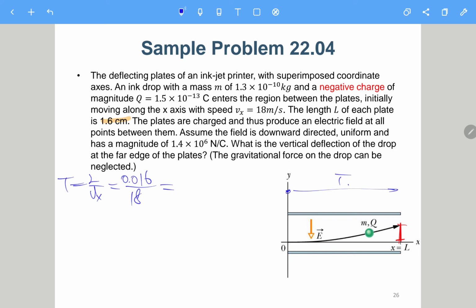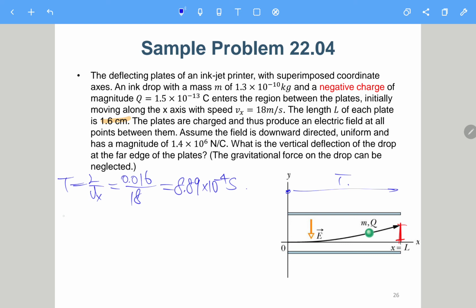So this number is, oh, it's a good number, which is 8.89 times 10 to negative 4 second. So this number is the same as the number of K.